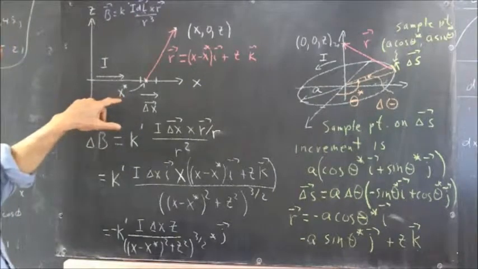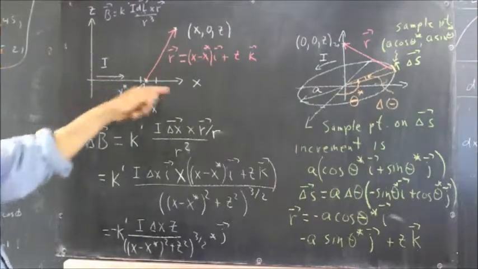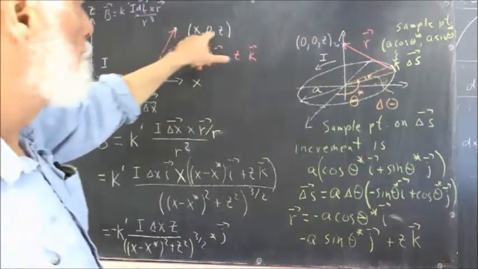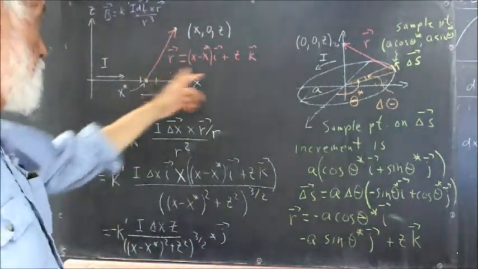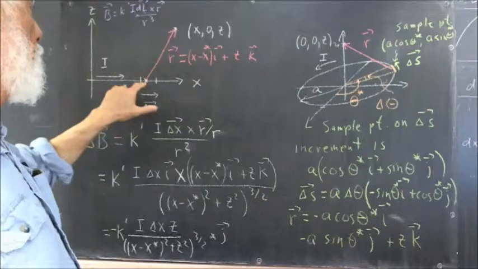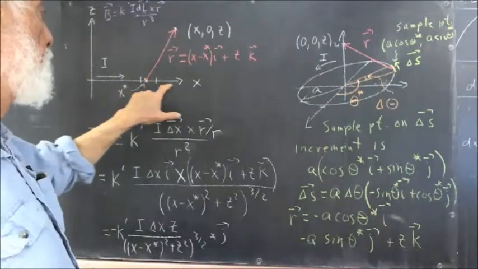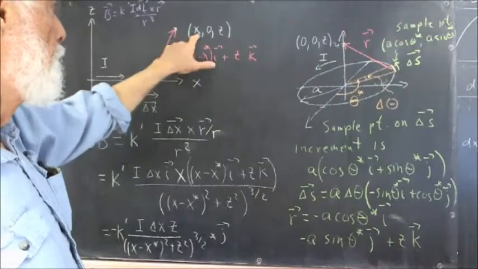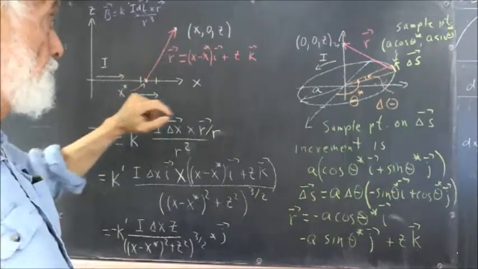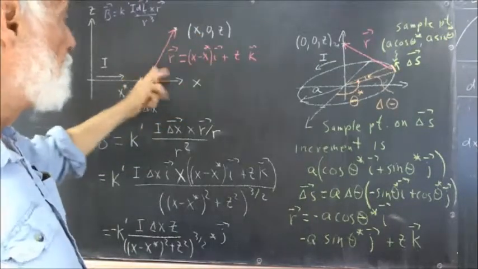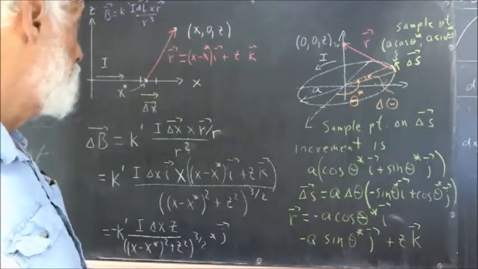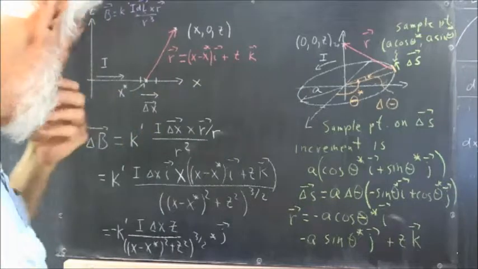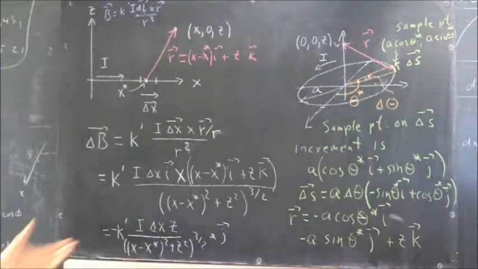Sample point is at point x star on the x-axis. This is a point x0z, so we very easily get the R vector. The x displacement from here to here is x minus x star, this coordinate minus this coordinate, and that's in the i direction. And then we have z k. We go z units in the k direction. So here's our R vector, and now we just substitute all that in.